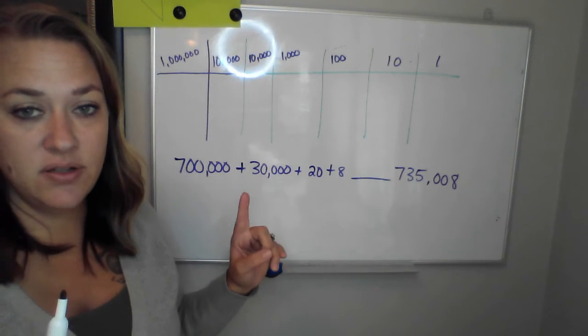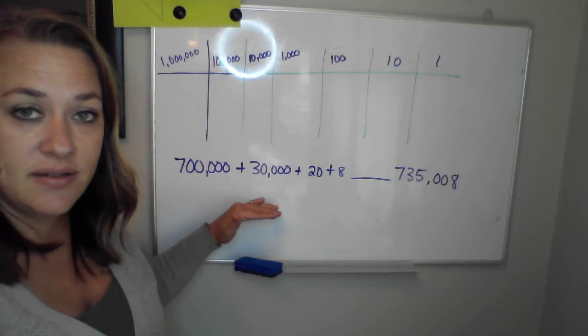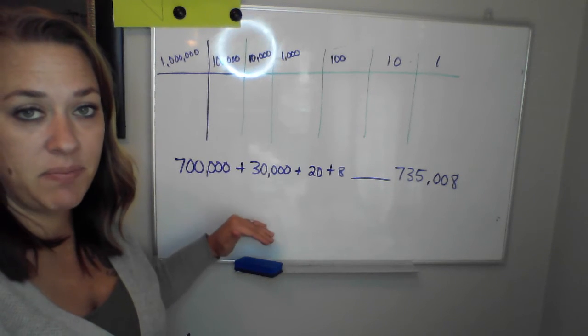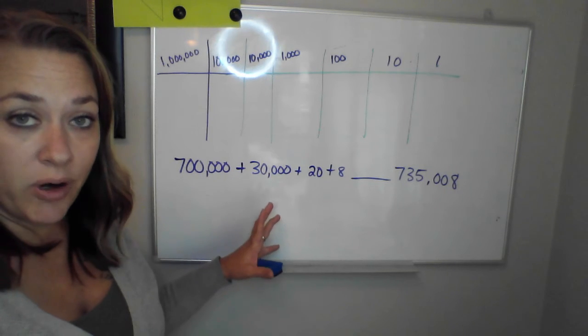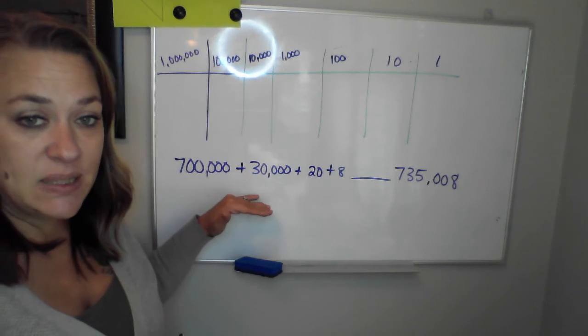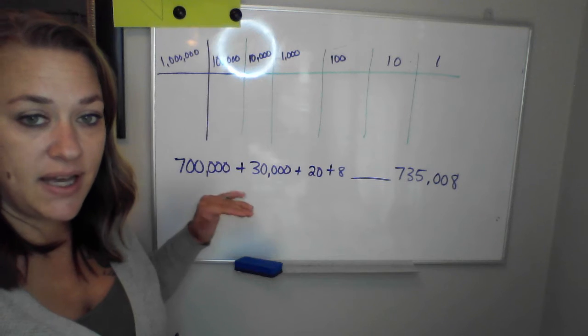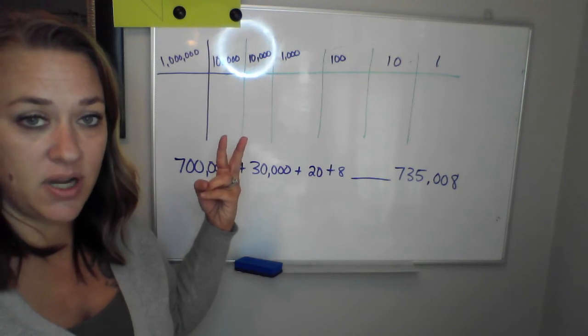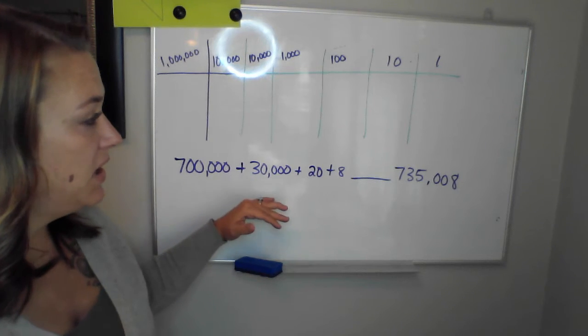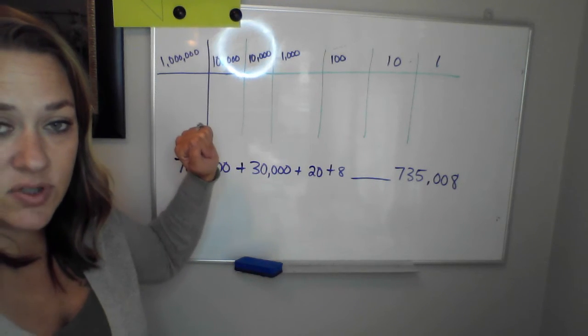Now there's a couple ways you can do this. You can rewrite it so they're similar, right? So when we compare things, we always want it to be the same form. So if I have expanded form, I want to convert that to standard form or vice versa, whichever one you want to look at. And then we can put it in our place value chart to really double check it.